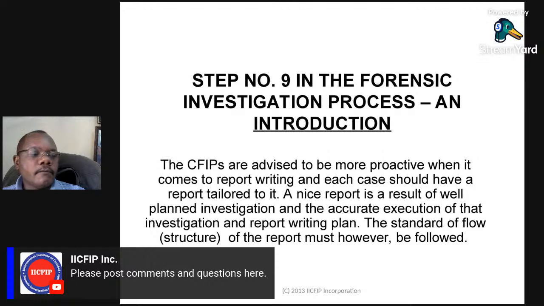Because here we are saying that the report will be able to explain the processes carried out, the findings that were found, or the people that were interviewed, and many other investigative processes, including the kit of forensic analysis and examination. The report will outline everything, including the findings. So we cannot have a report before we conclude a very good investigation.